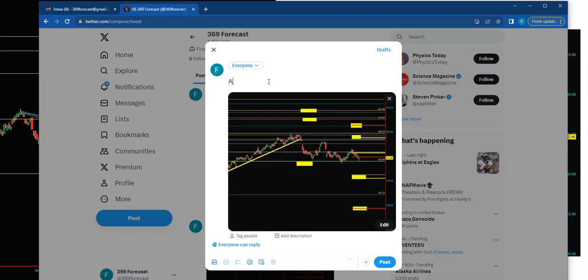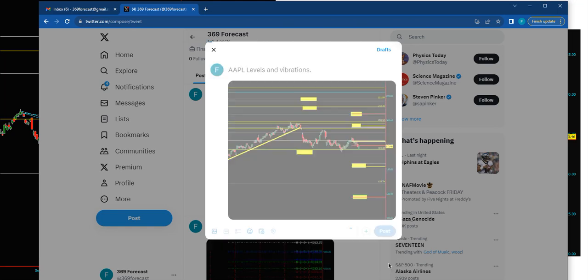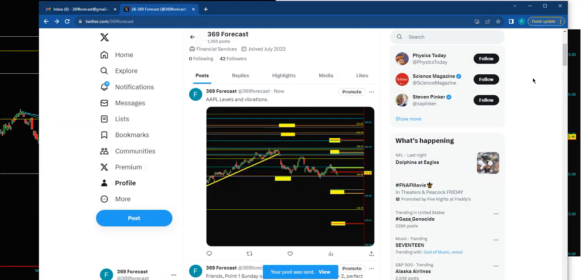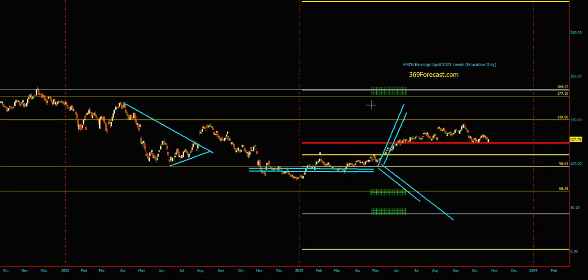Now let's do the same for AWS. I pulled up the Amazon daily stock.